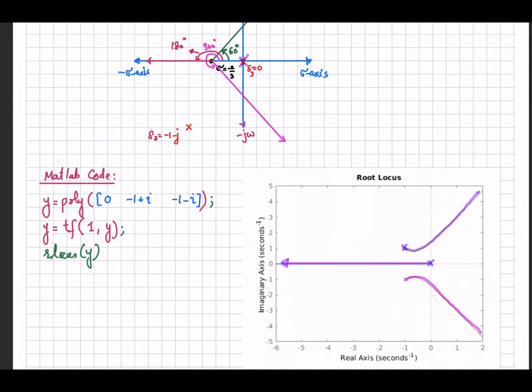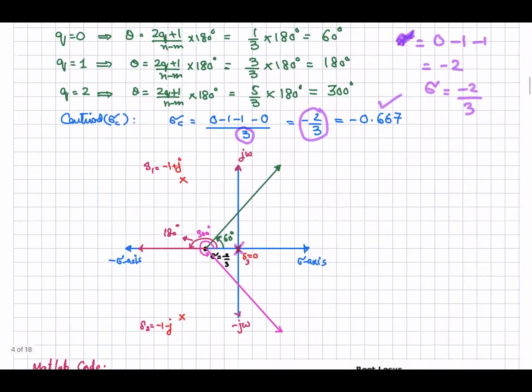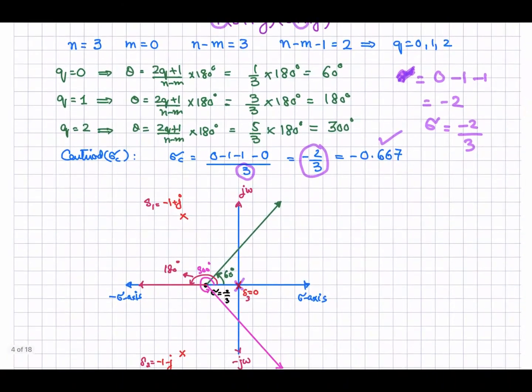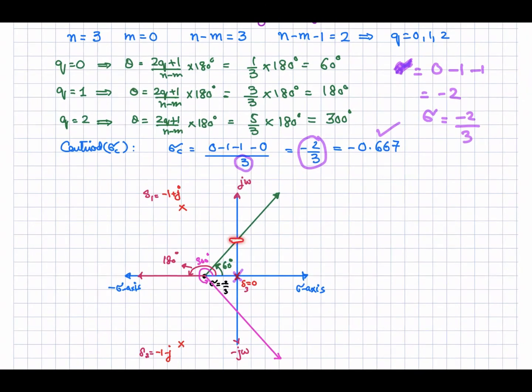Now in the next video we will discuss a few more rules with the help of which we can determine the angle at which these poles will be moving toward infinity, and at what point these poles will cross the j omega axis.